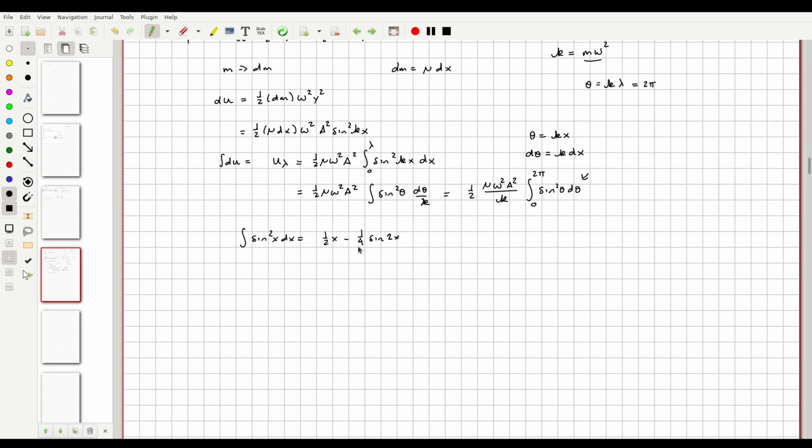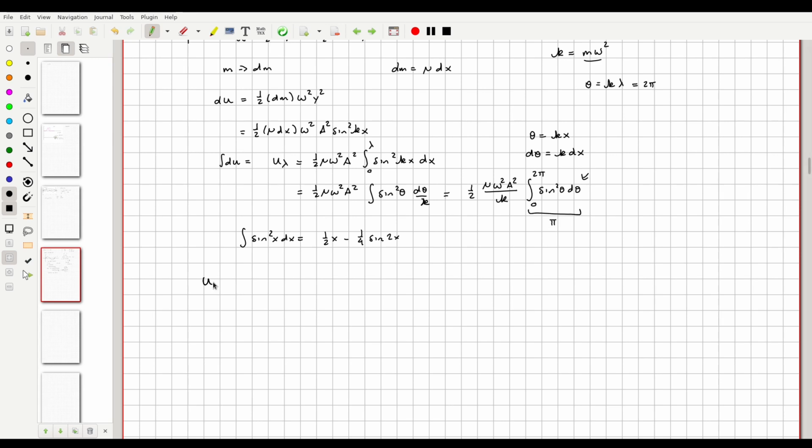So this is what you get when you integrate it. Now if you look at our limits of integration, on the bottom we have 0. Sine of 0 is 0, and x is 0, so the bottom limit gives 0. But if you put the top one in, you'll have sine of 2 times 2 pi, which is sine of 4 pi. And remember, any multiple of pi with respect to sine gives you 0. But you'll have a 2 pi in your x, which means that at the end of the day, this integral is just pi.